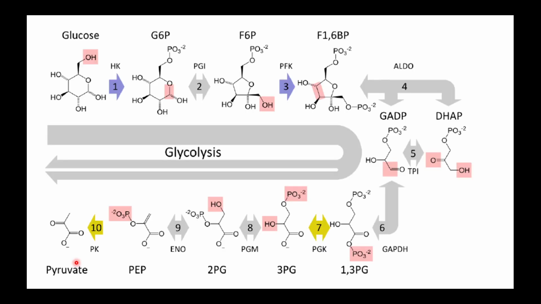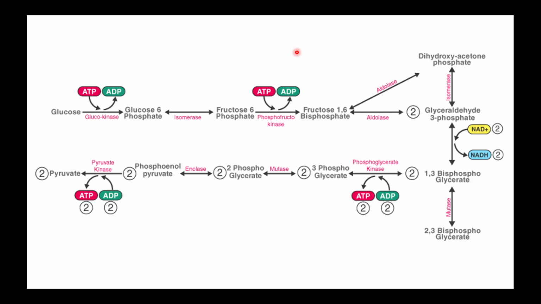Okay. So here you can see the steps where ADP is yielded from ATP. The first step is glucose getting converted into glucose 6 phosphate by hexokinase.